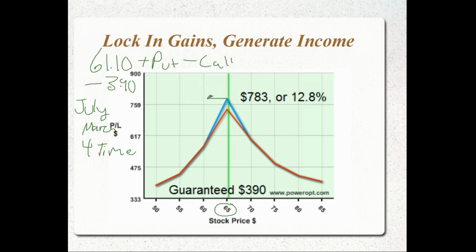It moves up another 2 points to 65 at March expiration. Guess what? That put doesn't go to zero. Okay, that put still has 4 months of time value, so I could sell to close the July 65 put for $4 on March expiration, get the $3.90 profit to be assigned at 65 plus this. There's your $7.90, $7.85, $7.83 as well.